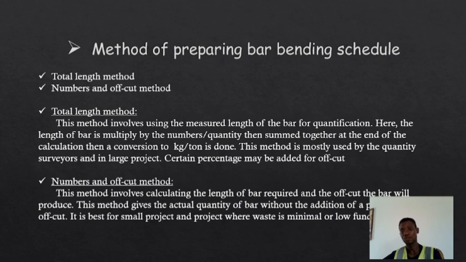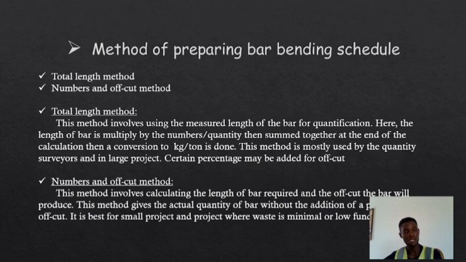As a contractor or an engineer, you are not going to come short of the number of reinforcement you need, because if you use the total length method, you just need to add a percentage to it, which might not even be right. The percentage you are adding for off cut might not be right. But when you use the number and off cut method, you are going to have the accurate number of reinforcement you need.